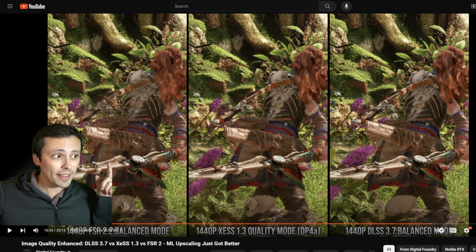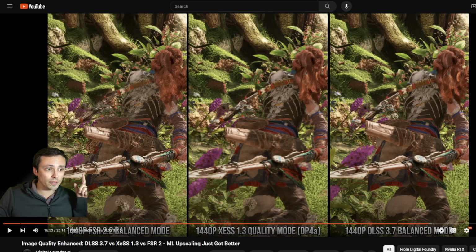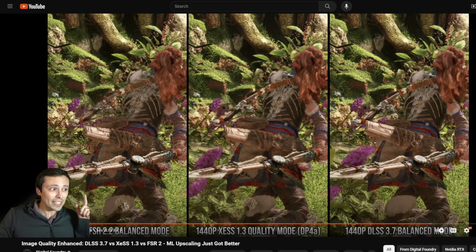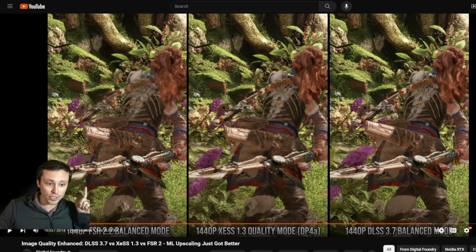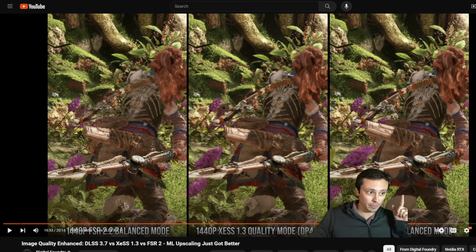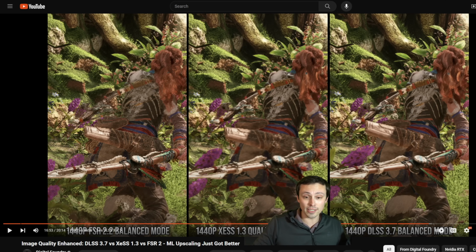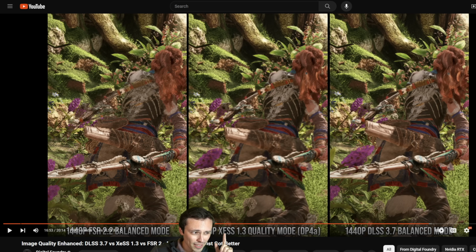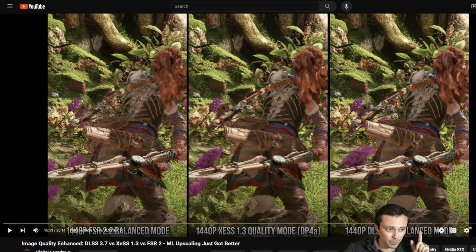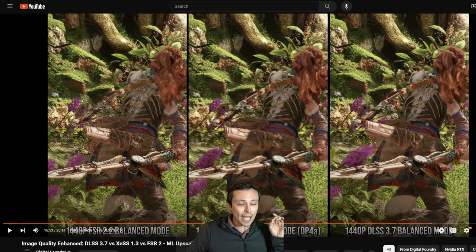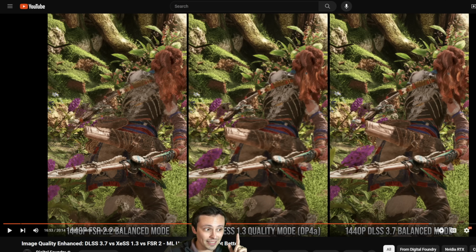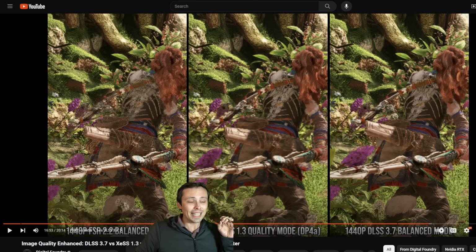So this is a still screenshot of a moving frame, and just look how much more pixelated in motion this FSR image is compared to these. Now, I highly recommend watching this video. It's a really good analysis if you're interested in the differences between these upscalers. Oh, and also if you're wondering why this is the quality version of XeSS against the balanced mode versions here, that's because with the update to XeSS 1.3, Intel changed their naming scheme in relation to what sort of internal resolution it's using.